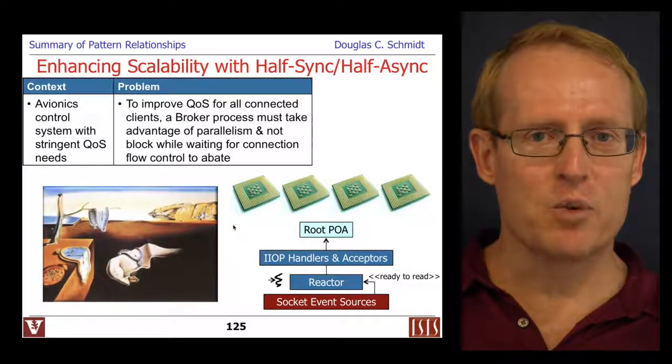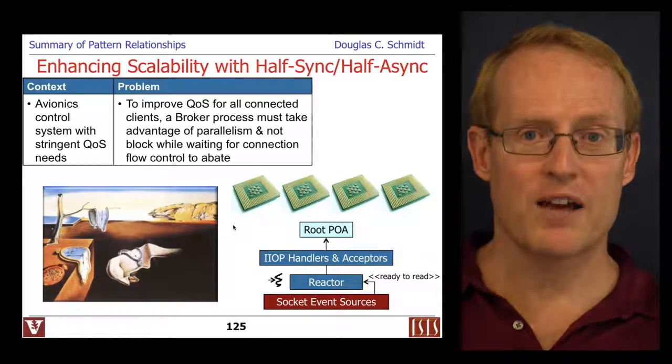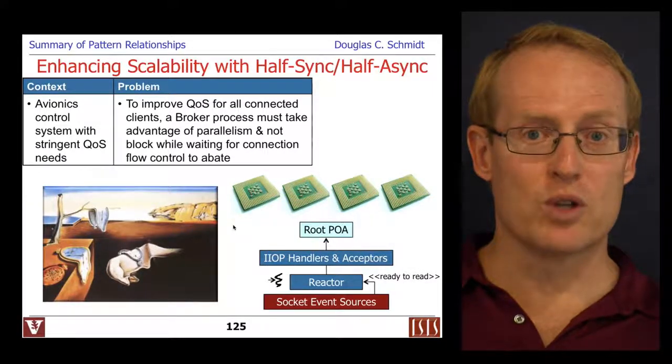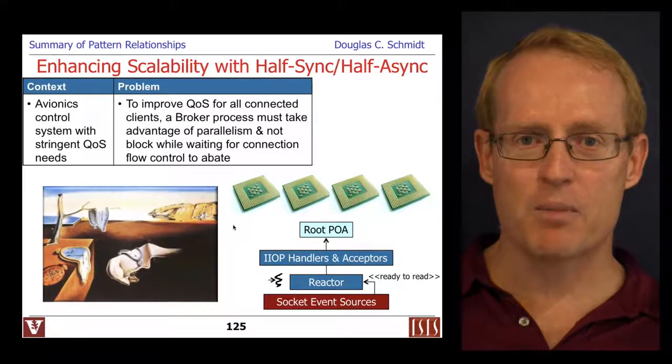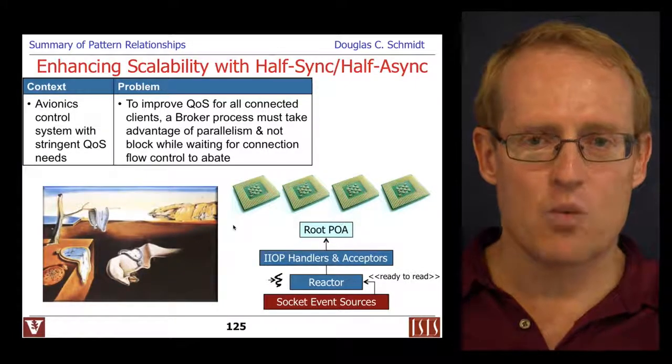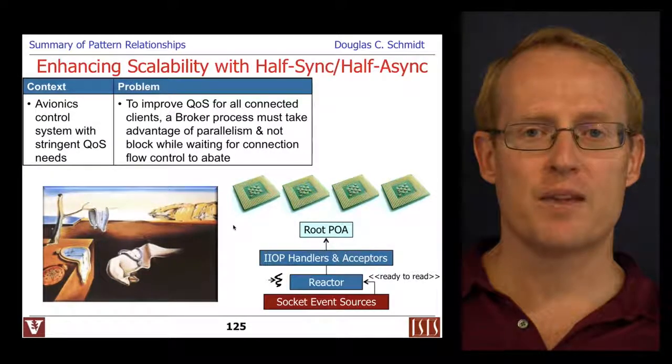For example, if you were to try to run your implementation on a multi-core platform, you'd find that there was only one thread of control, and so only one thing at a time could be dispatched by the broker, which would potentially wildly underutilize the amount of processing that you might have at your disposal.